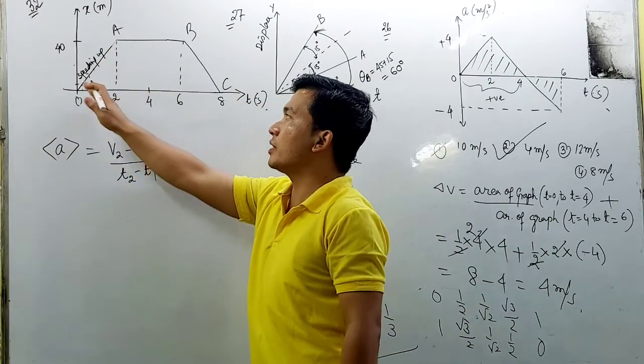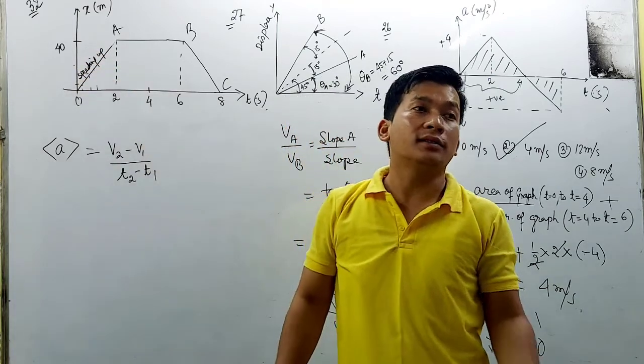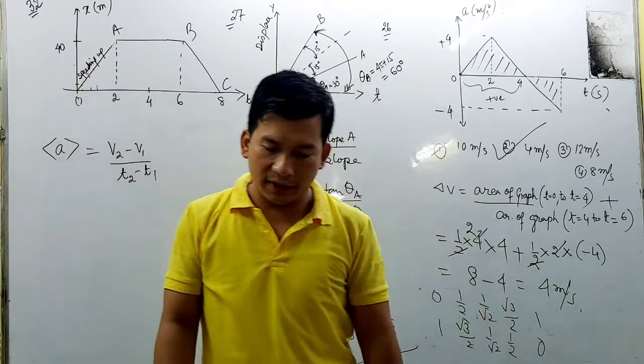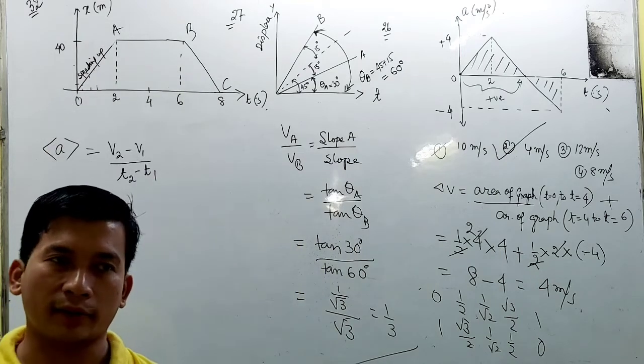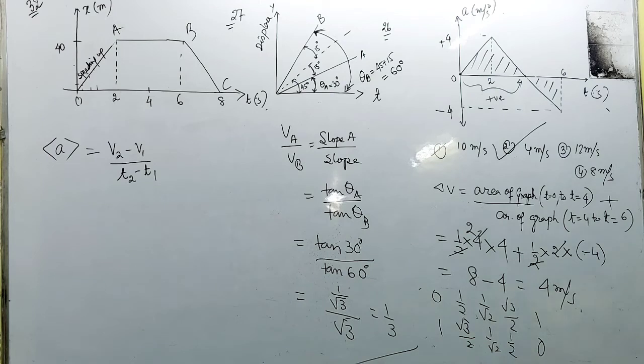With increase in time, displacement increases from 0 to 40. At 1 second, 2 seconds, 3 seconds the displacement keeps increasing, so it is speeding up.